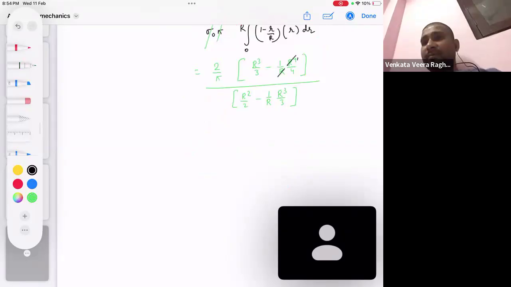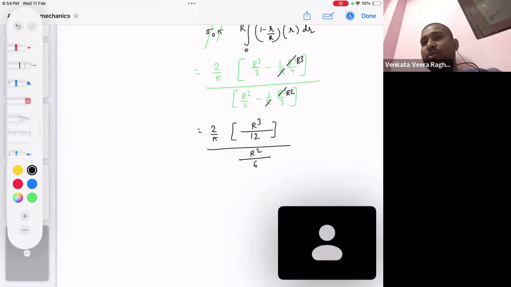R cube, R square. So you have 2 by pi, R cube by 3 minus R cube by 4, so 3 times 4 is 12 will come, and 4 minus 3, so R cube will be there. Denominator: LCM of 2 and 3 is 6, 3 minus 2, R square will come.